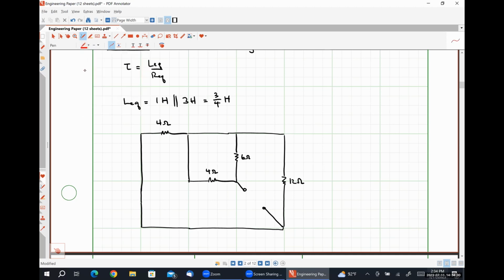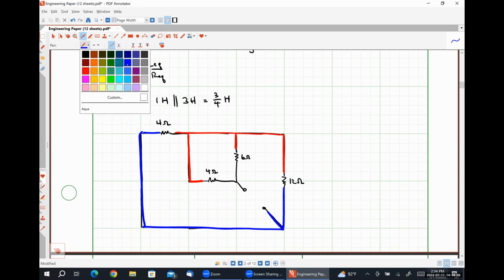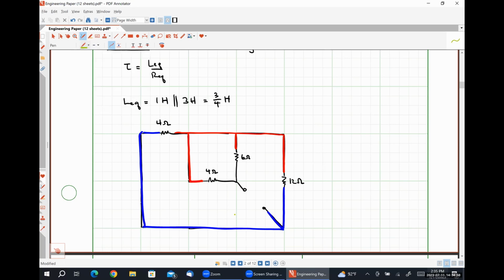Since this isn't obvious to me, I'm going to use the resistor combination techniques like we've detailed in class. So I'm going to identify my nodes. So this is one node. This is a node. And let's do this one in green.